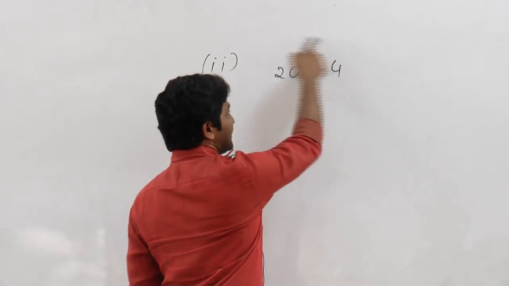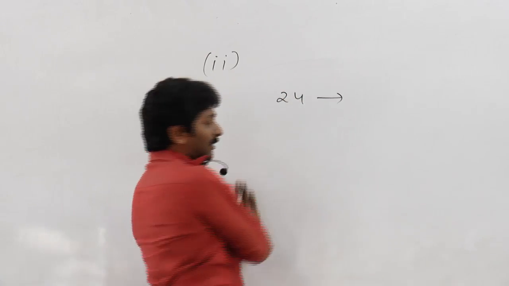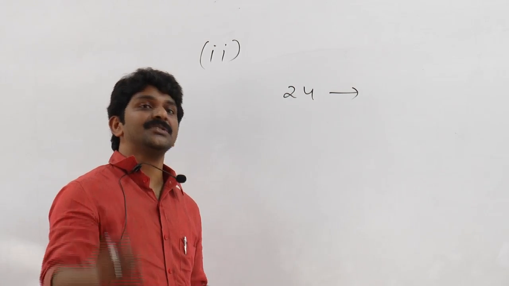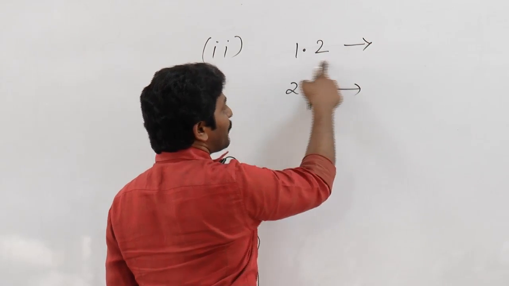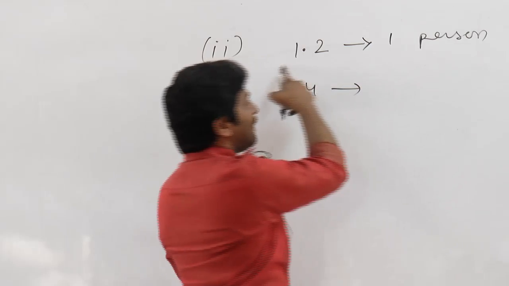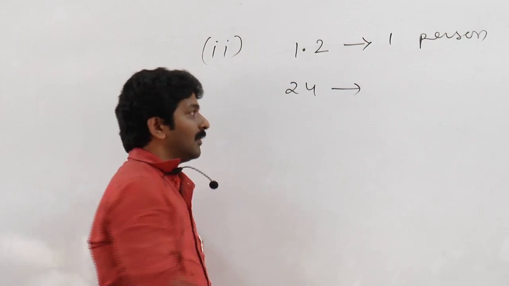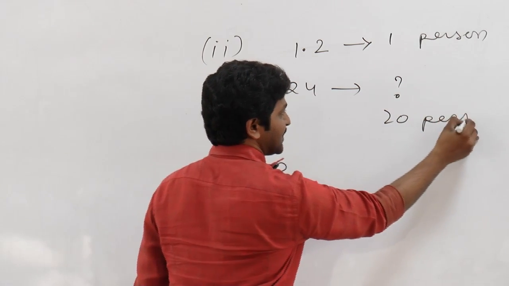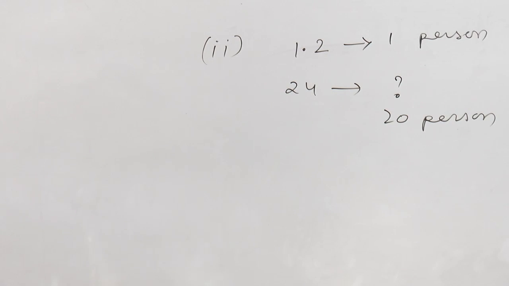So total weight increased by 24 kgs. So as the total weight got increased, average will increase. By how much? 1.2. So average weight increased by 1.2 kgs, in the sense for each person weight increased by 1.2. If it increases by 24, how many persons are there? 20 persons. So there are 20 persons in the group.